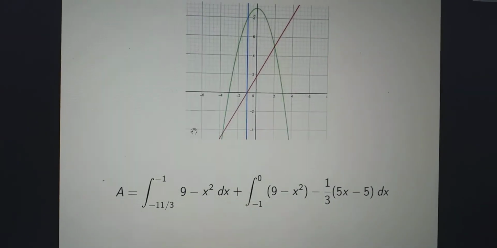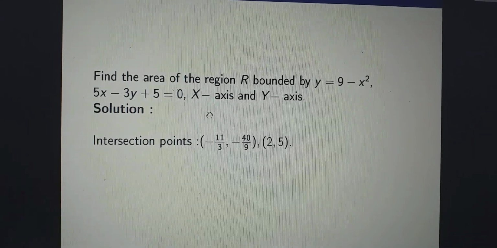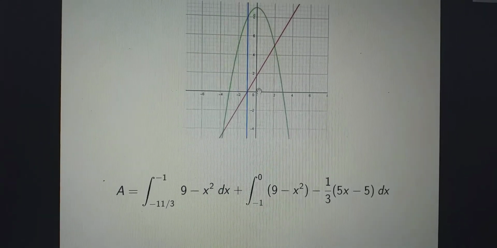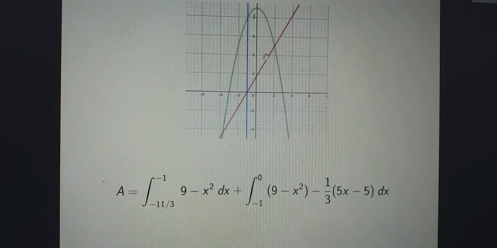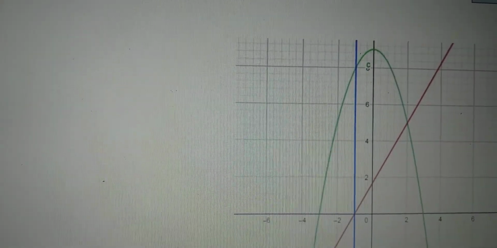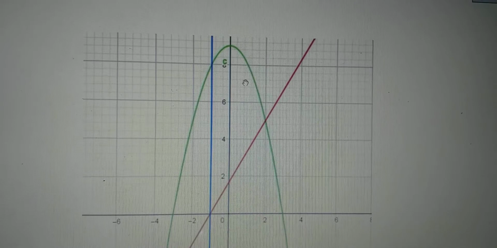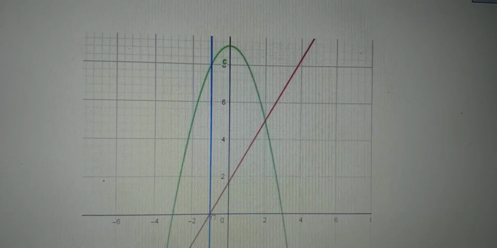Okay, then we must draw the region R with some application, and we get this picture, and the region R is this region.